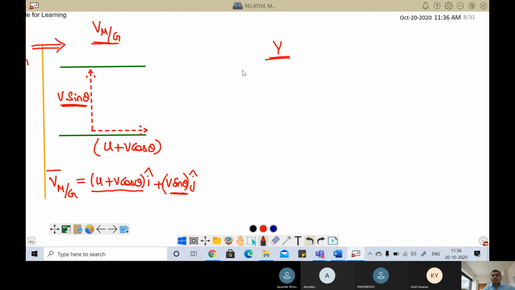What is the velocity? So what is the equation? S is equal to U into T. This is the Y component. Now what is S_Y? Anybody? Displacement in Y direction. How much?